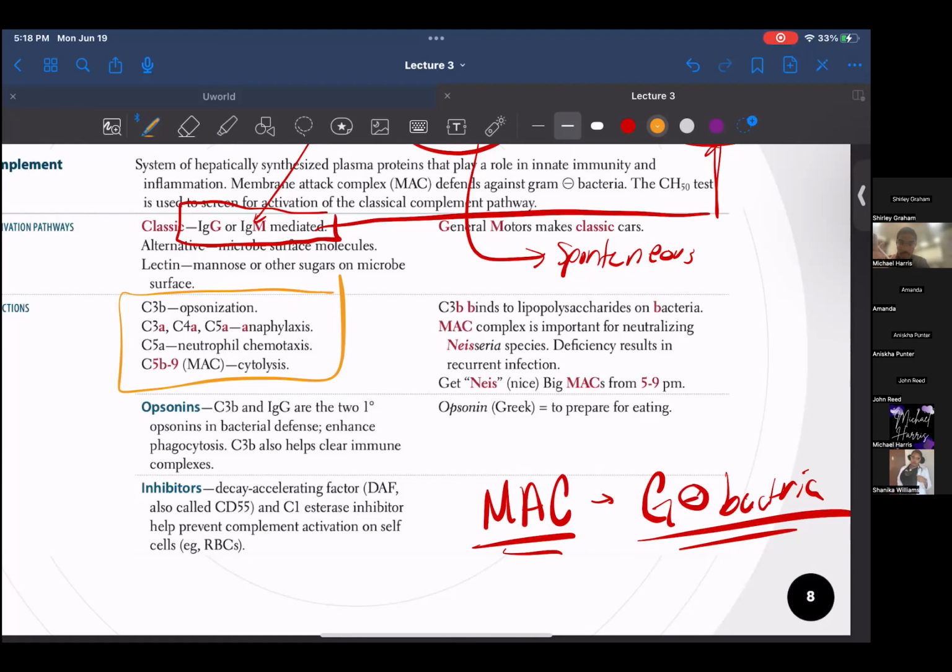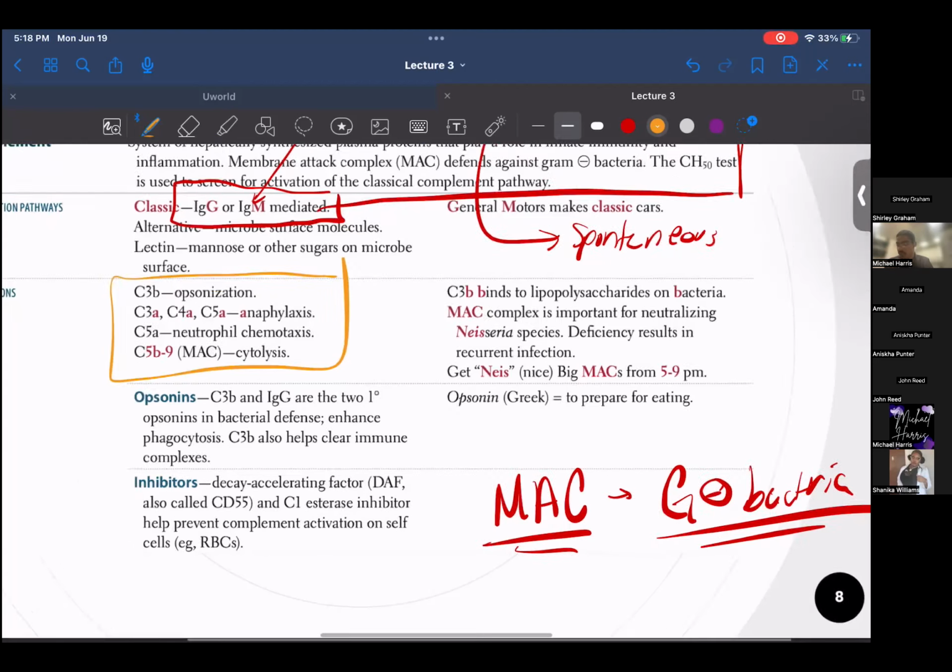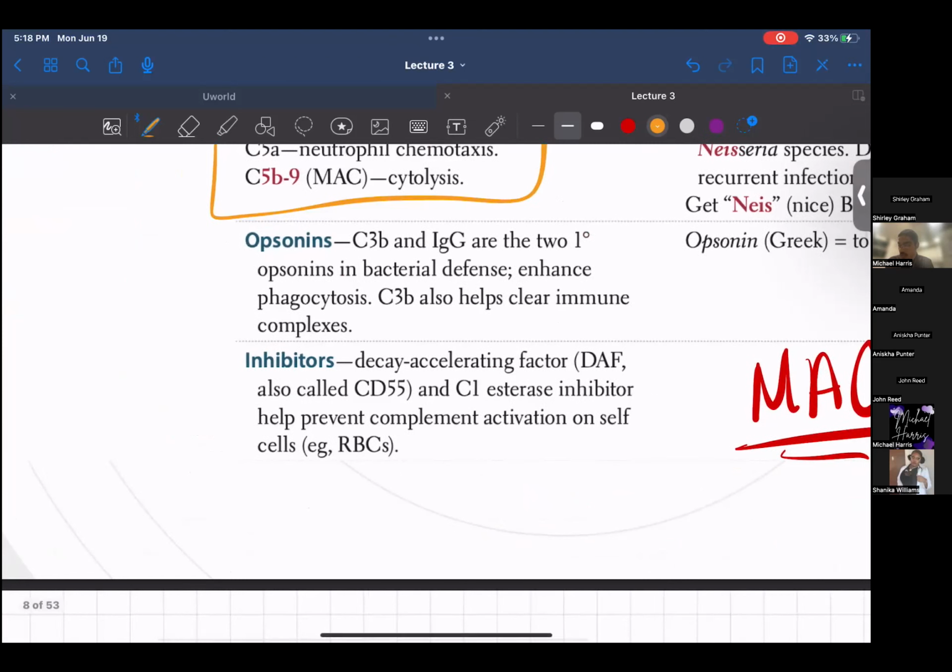Now, there's a variety of ways that we do that. One is we have certain things on the surface of cells, which is known as the decay accelerating factor. What this does is it's located on the cell membrane.